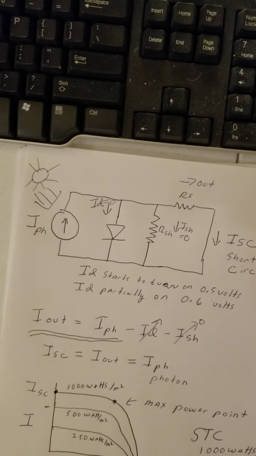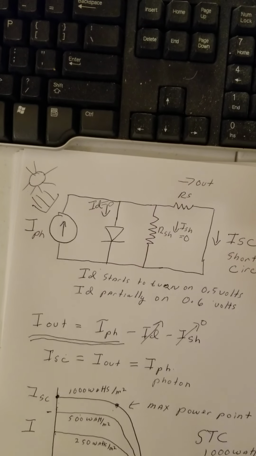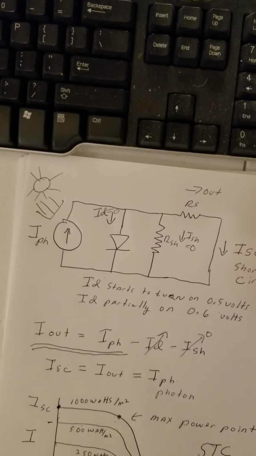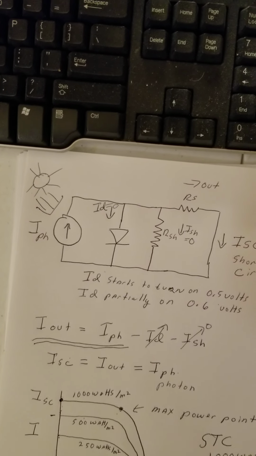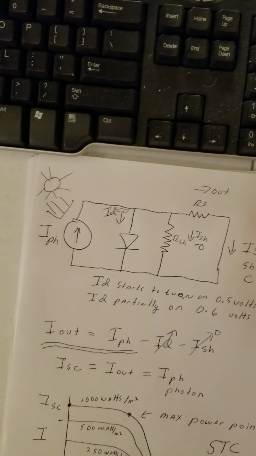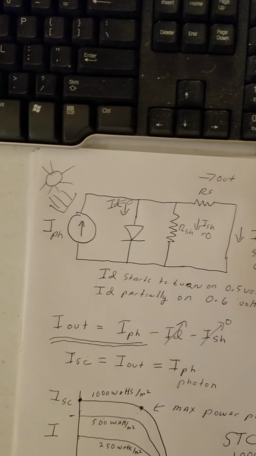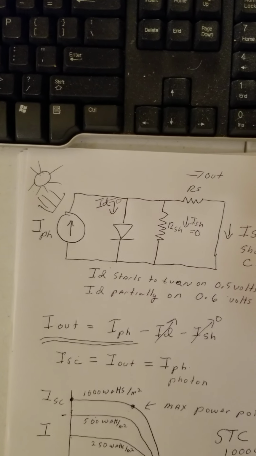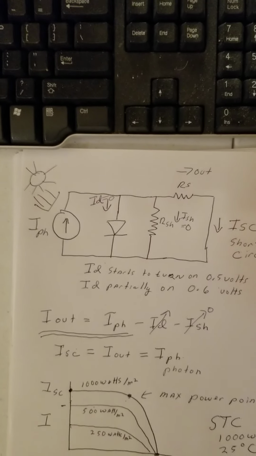The current from the photodiode, the ideal current source, goes up to the node, through the series resistor. It gets shunted or shorted out by a test lead, and back to the ideal current source.